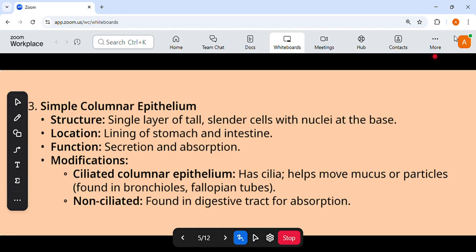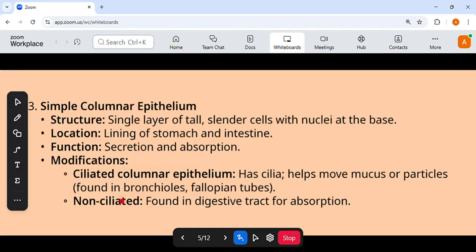What are the modifications? Ciliated columnar epithelium, the name itself, ciliated. So it has cilia. That cilia helps to move the mucus as well as the particles, so mucus and particles move easily in a one way direction.